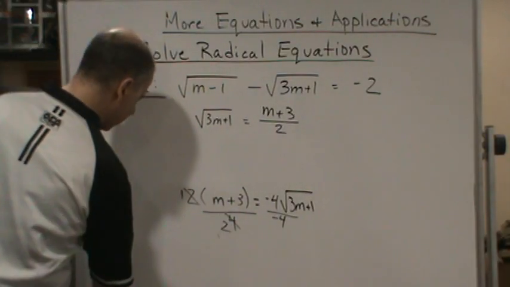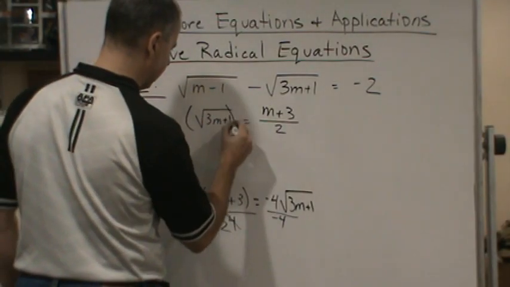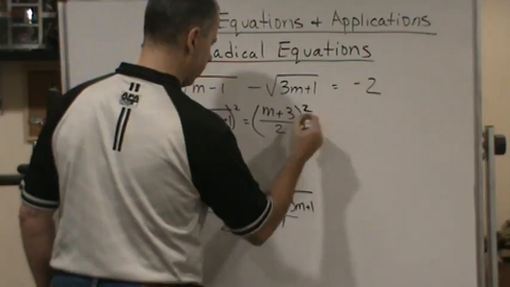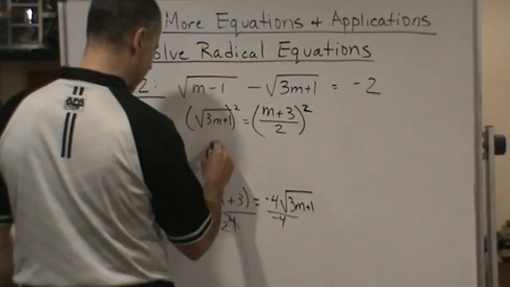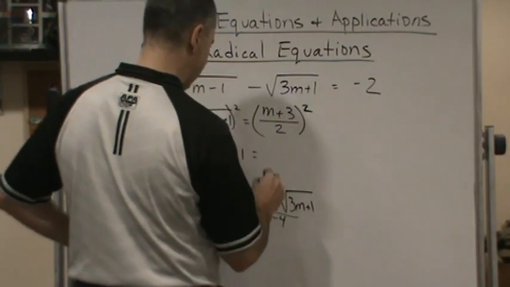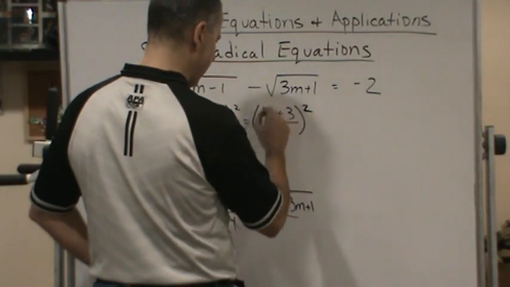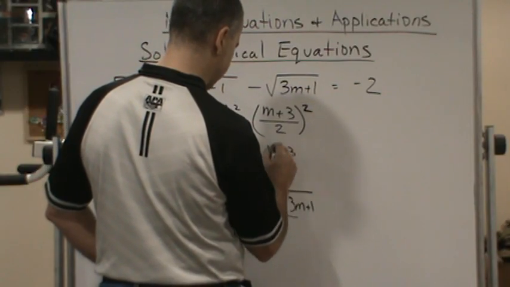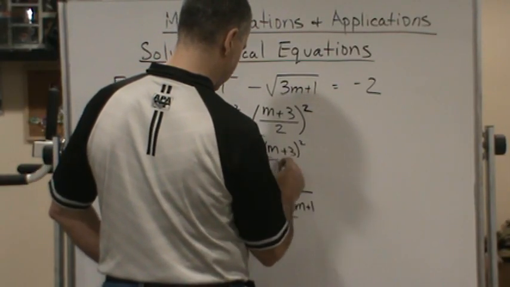Okay? So what I'm going to do is square both sides like I did before to get rid of the radical. Okay? So that means I'm going to get 3m plus 1 is equal to this, but this is going to become m plus 3 squared over 4.